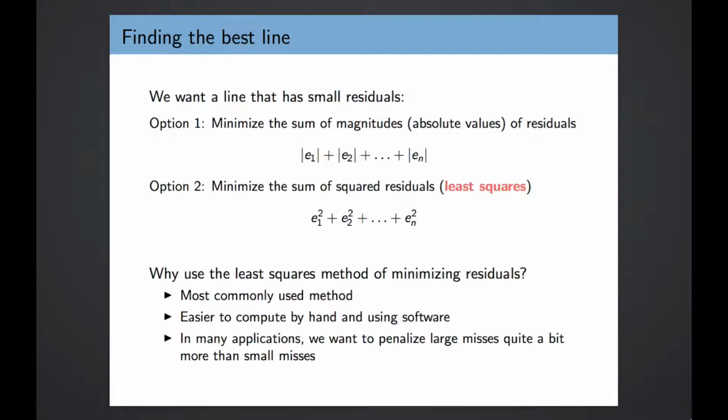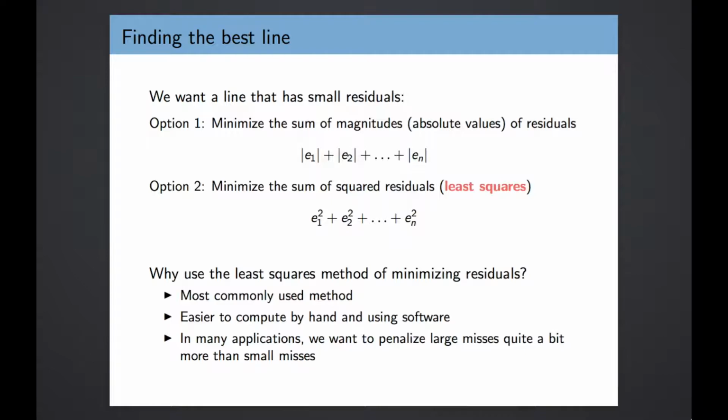And there are two main reasons for this. One of them is practical. It turns out that when we're doing a minimization problem, it is a lot easier to minimize a quadratic function, so a function of squares. And that's easier when you're computing by hand, and it's easier for a computer to minimize as well.